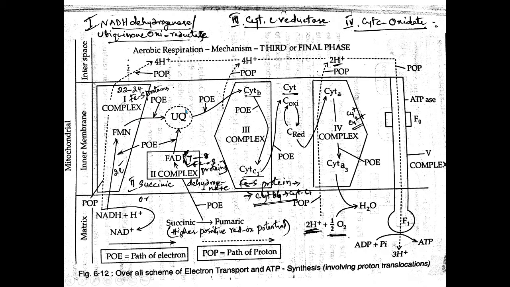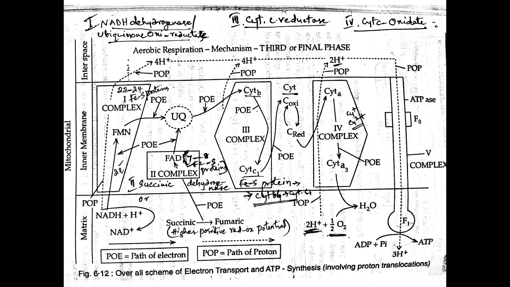After accepting the electrons and protons from the mitochondrial matrix, it undergoes reduction, and that reduced form is ubiquinol.